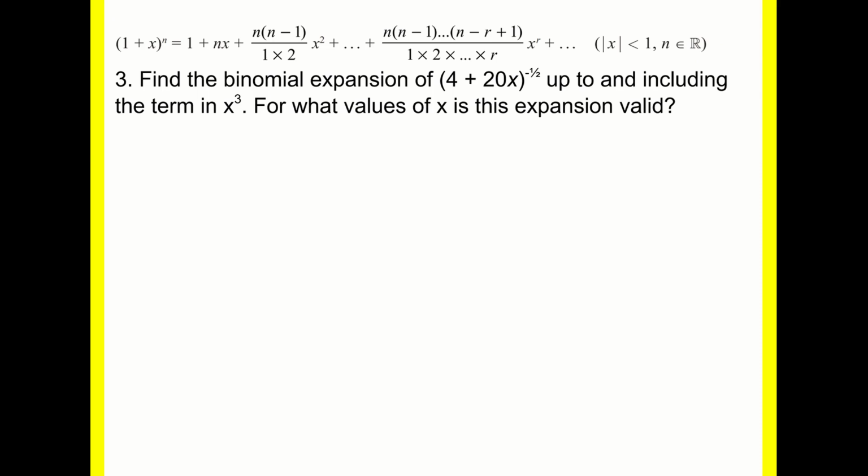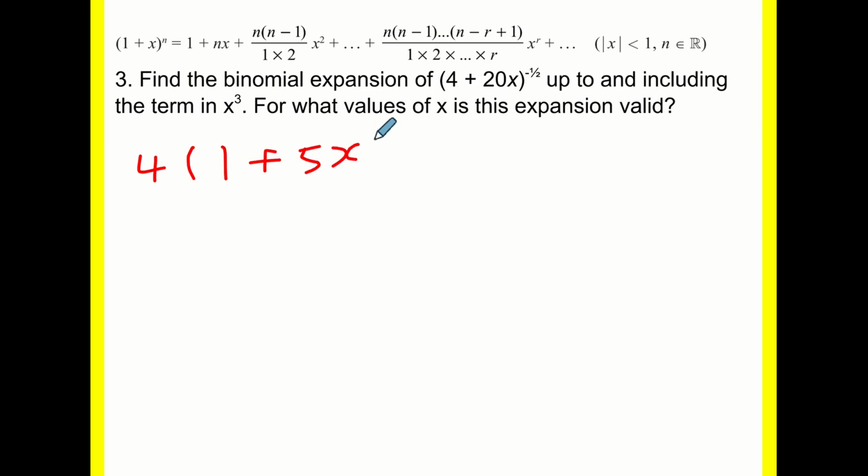All right, spoilers coming, okay? Well, we want to make it so there is a 1. So the first thing we can do is take out the factor to get us a 1. So I can take out a 4, and inside it will become 1 plus 5x.